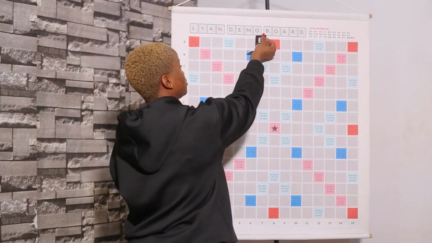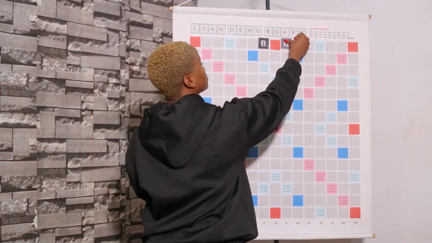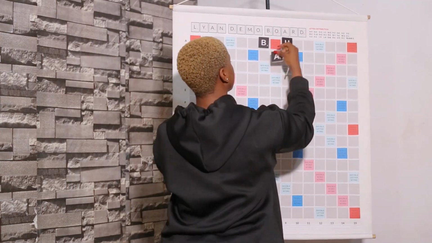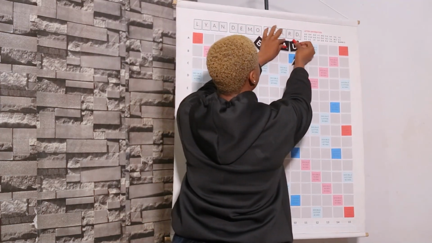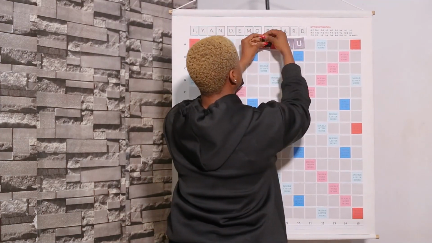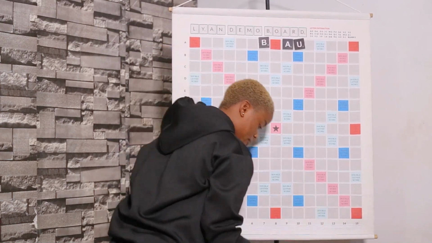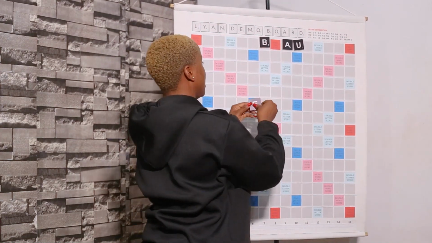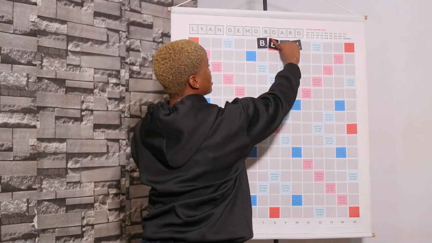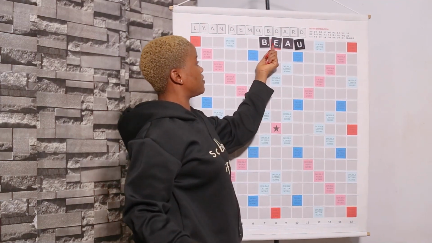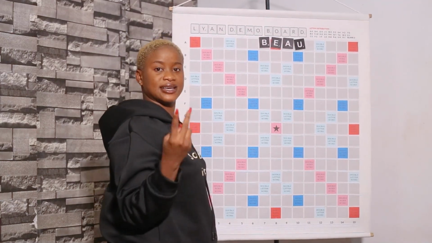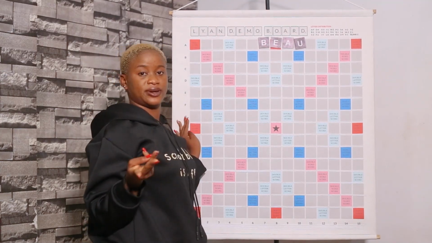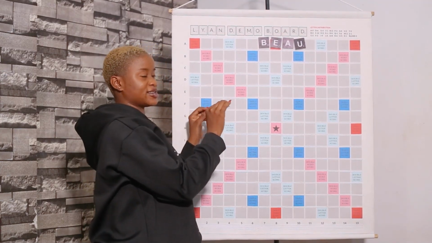So if I arrange this here and I calculate my score, this is 3, 4, 5, 6. So that's 6 times 3, that's 18. So that's like the scoring.